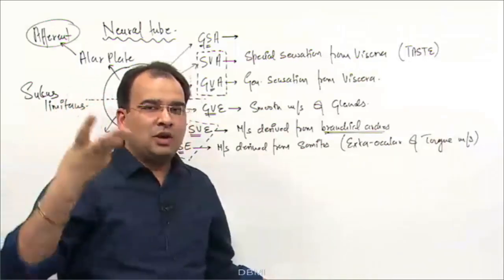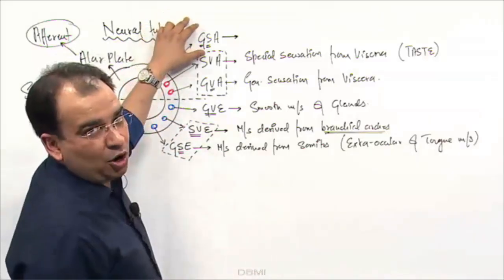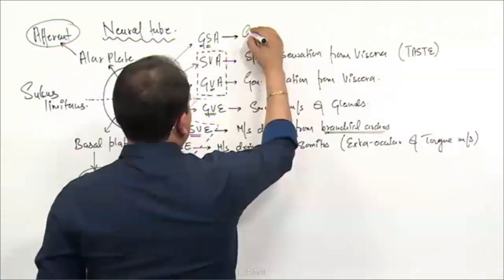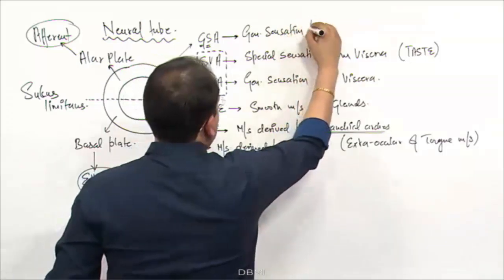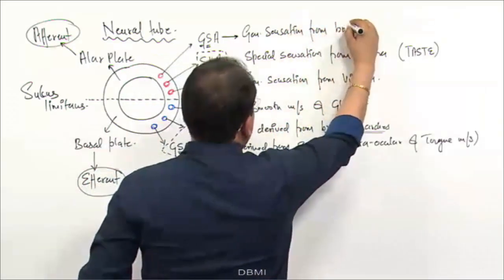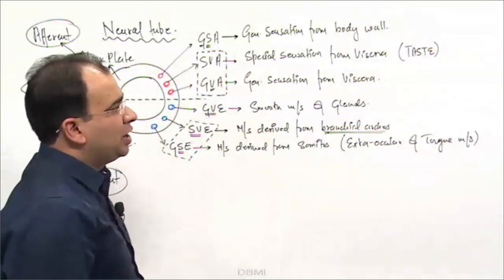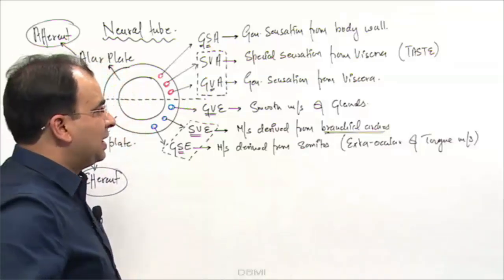So the trigeminal nerve will come under the GSA column. GSA column is basically for the general sensation from the body wall, and in head and neck the obvious example is the trigeminal nerve.